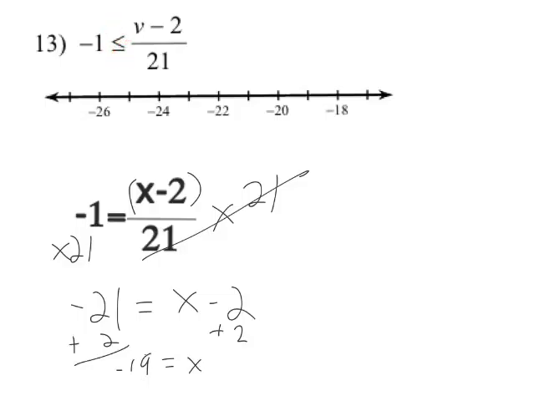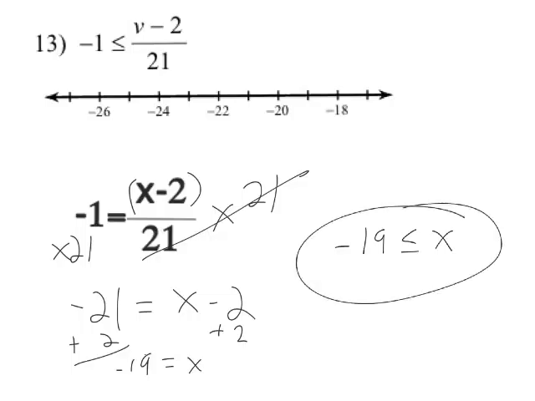It was a less than or equal to. I multiplied by a positive number, so that is not going to flip the sign. Only multiplying or dividing by a negative number flips the sign. So my answer is negative 19 is less than or equal to x, or v, or whatever my variable is. So that's what I'm going to be graphing.